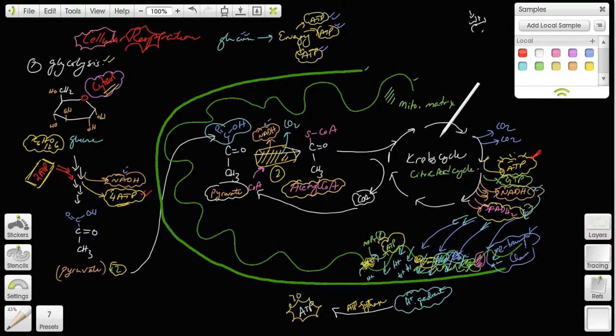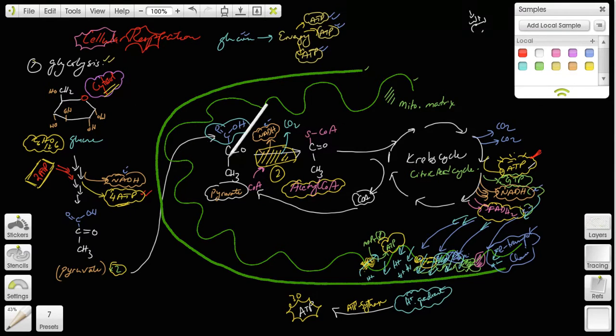Acetyl-CoA then goes into the Krebs cycle or citric acid cycle, which further metabolizes it and generates further energy-rich compounds, ATP, GTP, and electron carriers, NADH and FADH2. All of these electron carriers then go and produce this transmembrane hydrogen ion gradient, which is used by ATP synthase to generate ATP.